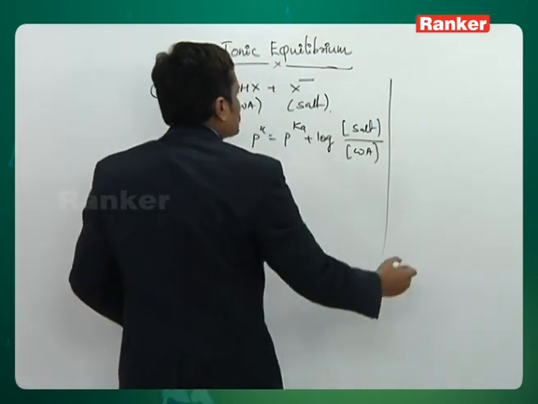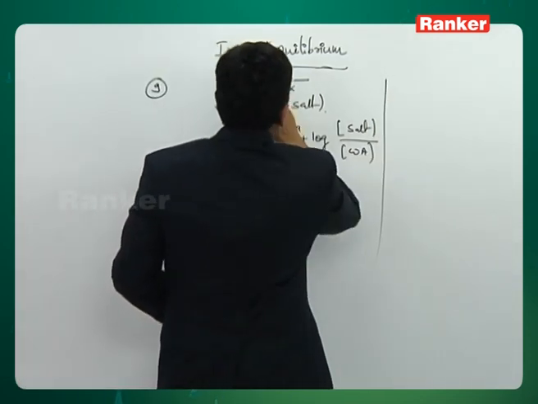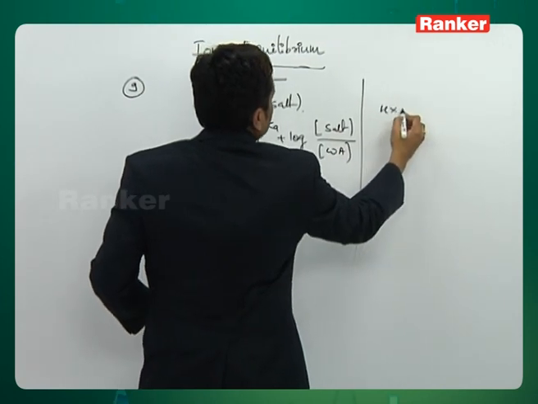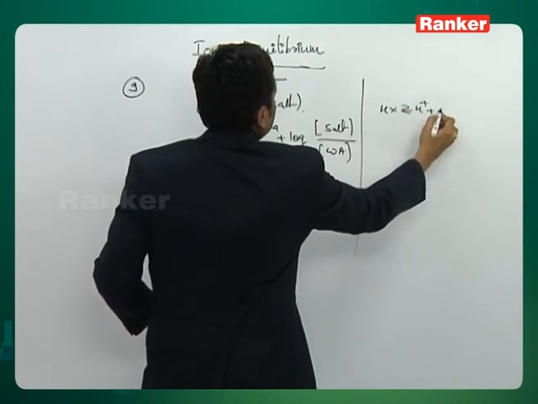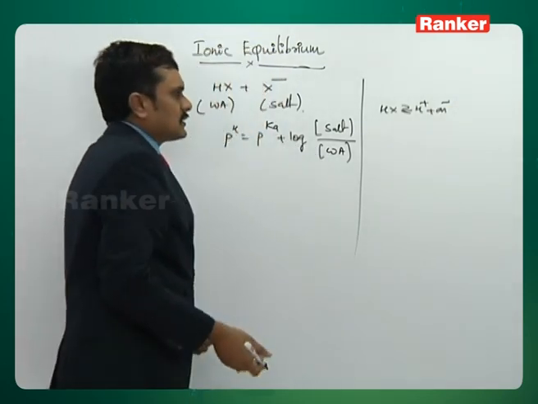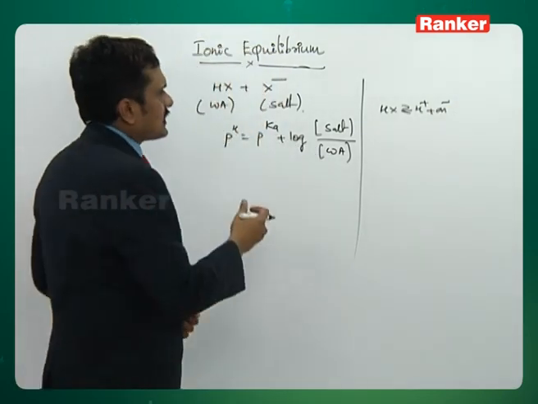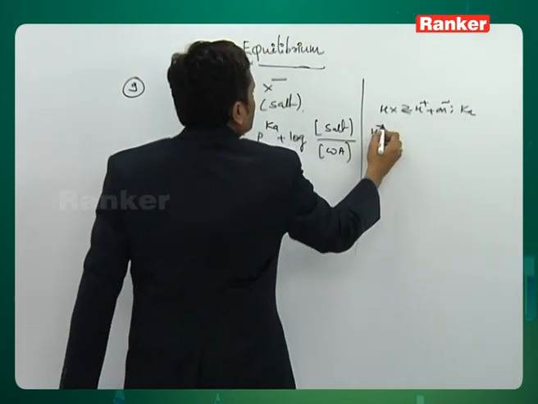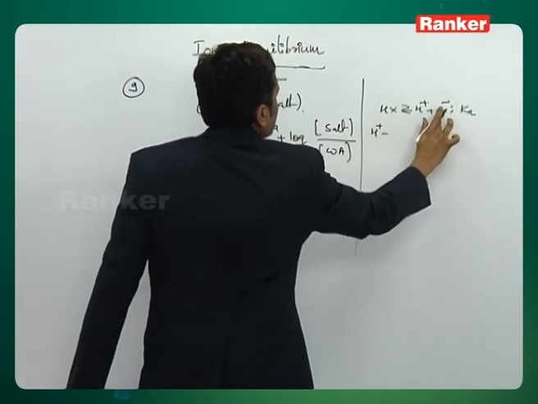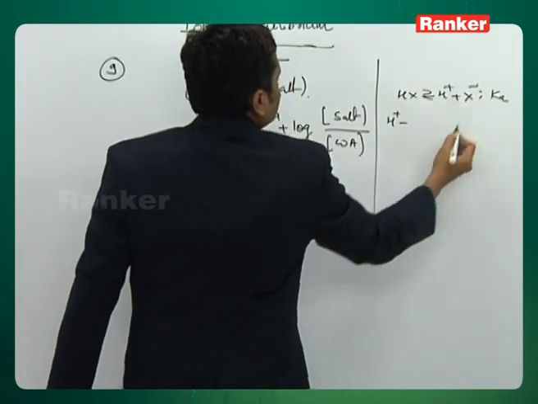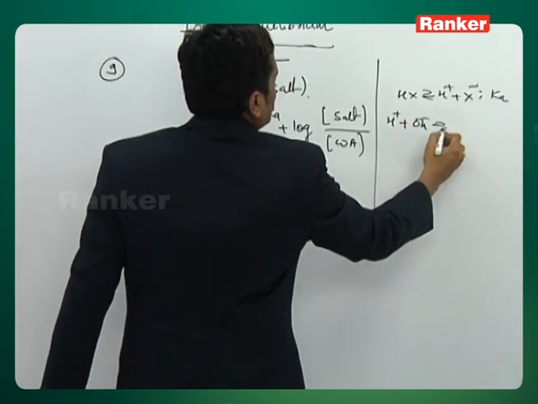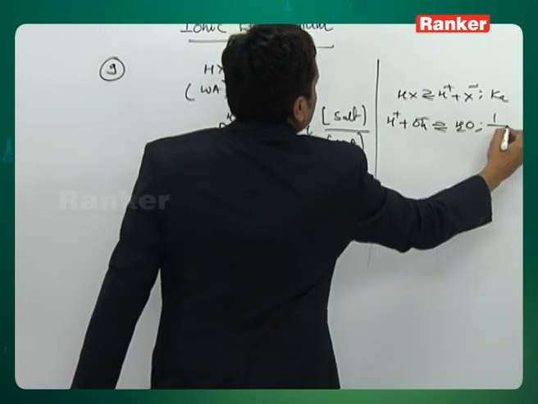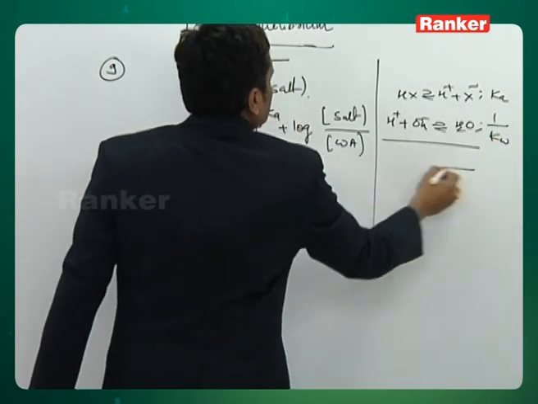Now to find the pH of the solution, we need the value of Ka, and we know the fact that suppose I have taken HX, a weak acid dissociating partially, right? Now when I am writing its reaction, I am considering the autoprotolysis of water, you know that this is going to be Kw.